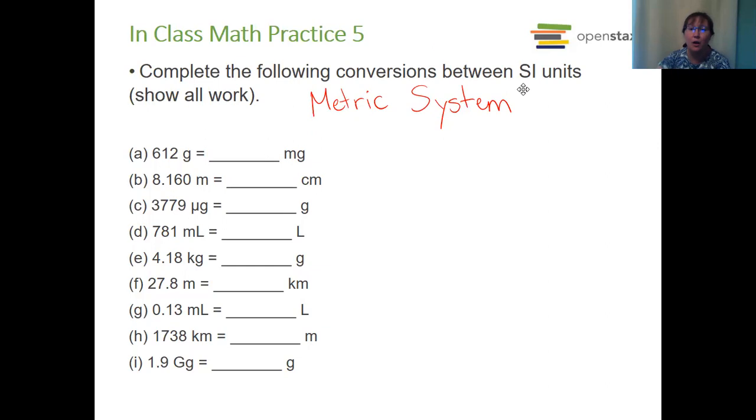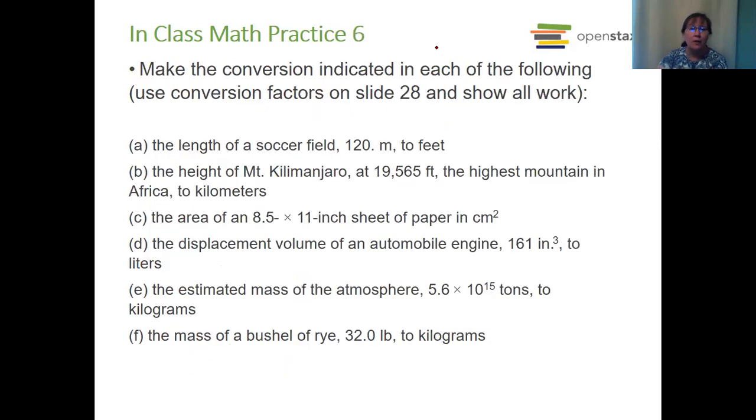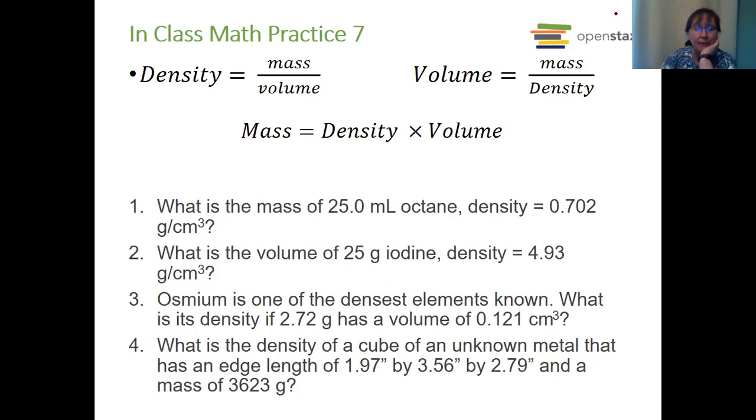You have to show your work. And again, these are going to be converting, and you can use slide number 28. That will help you go back and forth on these conversions.